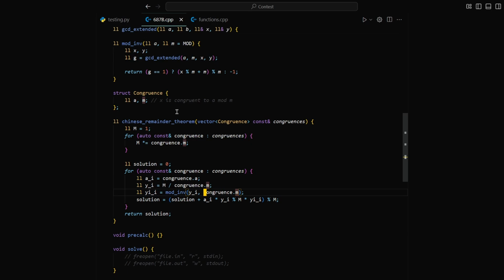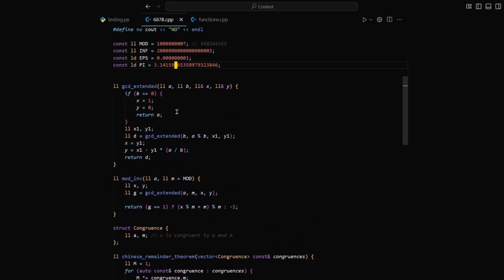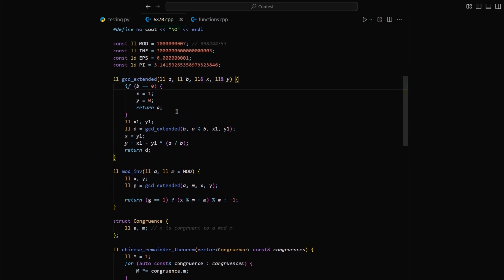Now about the modular inverse here, this function up here. If you recall, mi and yi must be coprime, right? So there are multiple ways of calculating the modular inverse, but in this case, we should go with the extended Euclidean algorithm because it's the more general one.